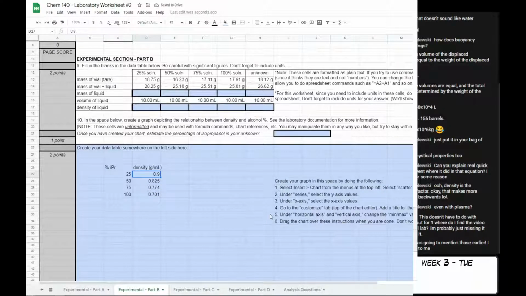You're going to notice that one of my numbers kind of got truncated. I typed in 0.900, but Google's like, oh, you don't need those zeros. But we do need those zeros. If you ever run into that issue with any cell, here's how you fix that. Up here at the top is a button that says increase decimal places. You can increase this to have as many zeros as you want, or as few as you want. If you go too few, it'll start rounding.